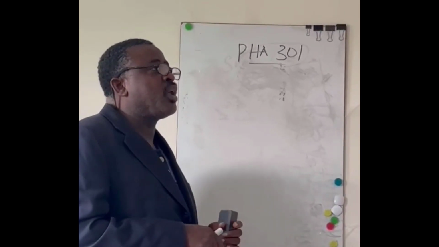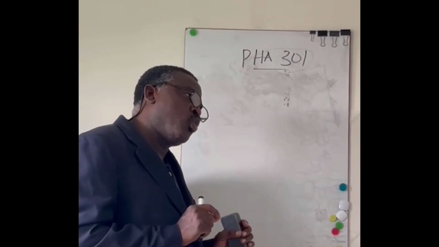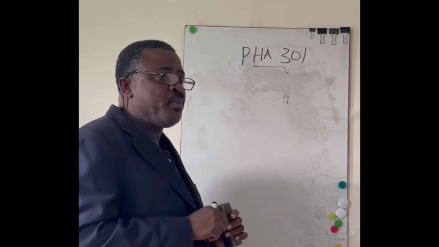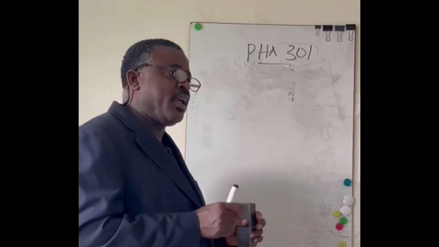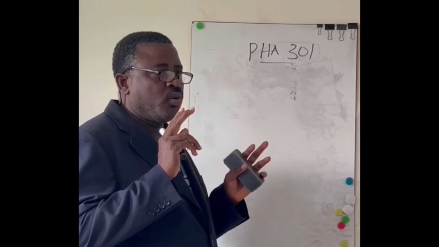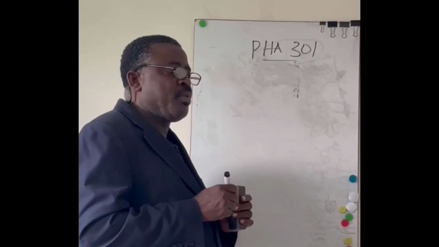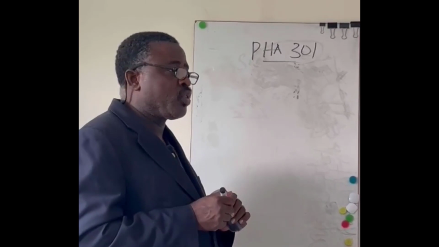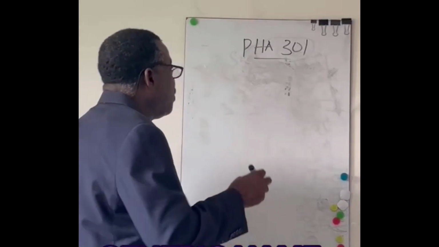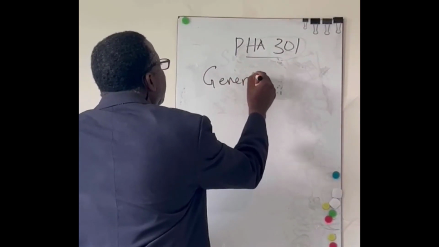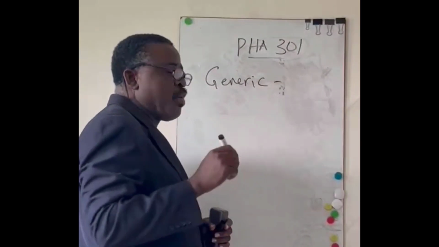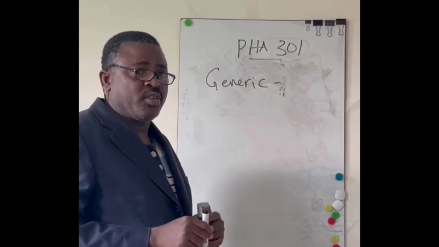In the last two meetings we had, I told you how drugs are named. I said they are named basically on two grounds. The ground of the chemical component of that drug, which is called the generic name. So when you say generic, it means the chemical component of that drug.